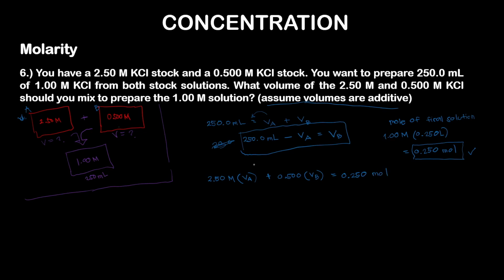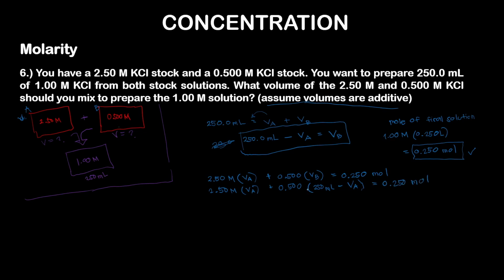Okay, now what's next? Well, we know that the value of VB is 250 ml minus VA based on this, right? So let's do that. 2.50 molar VA plus 0.500, and then VB would be this one, 250 ml minus VA, is equal to 0.250 mole.